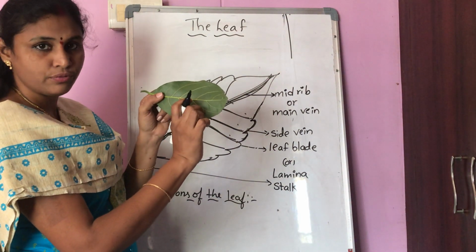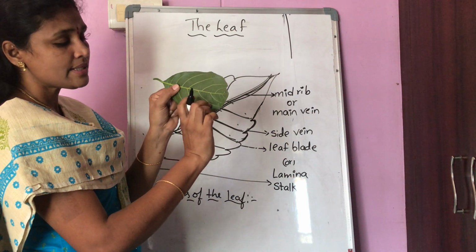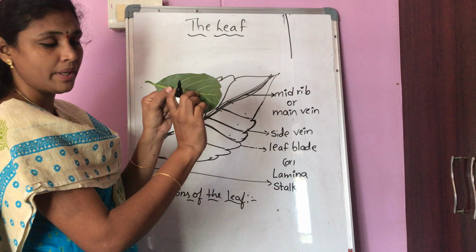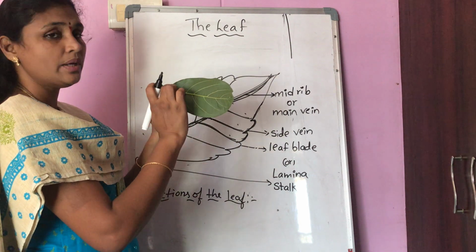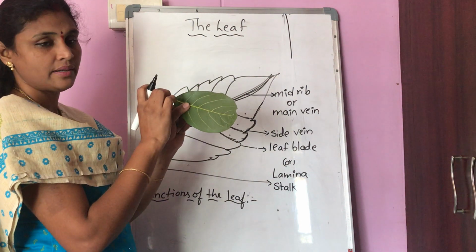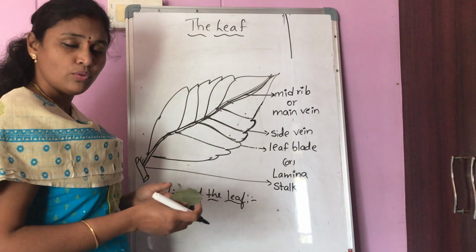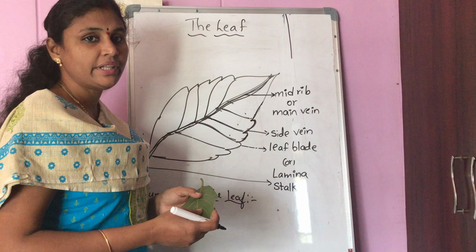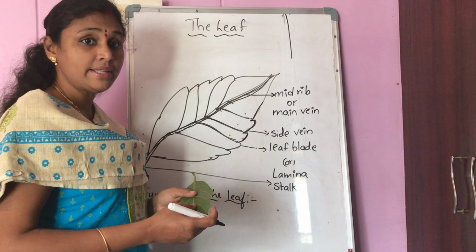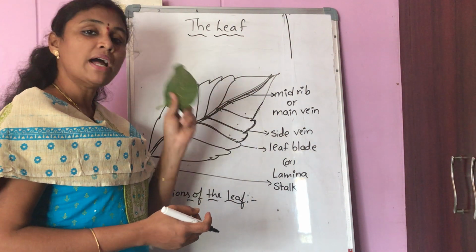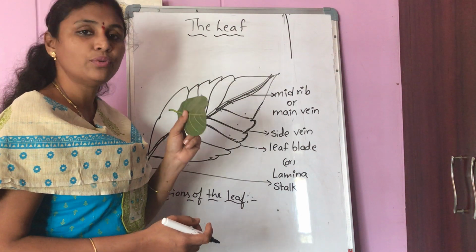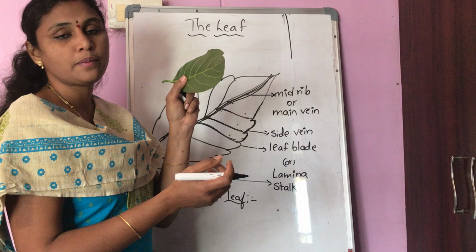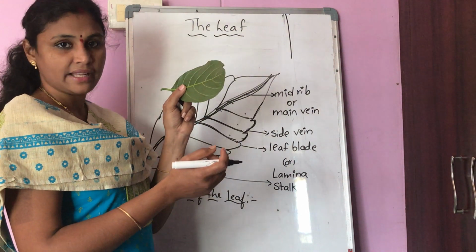After preparing food, this food is taken through the midrib and the side veins to the remaining parts of the plant. See children, if we do not take food, what will happen? Do we get energy? No, we won't get energy and we can't grow, right? In the same way, plants also need food to grow, right? So which part of the plant prepares it? Leaves prepare food for the plant.